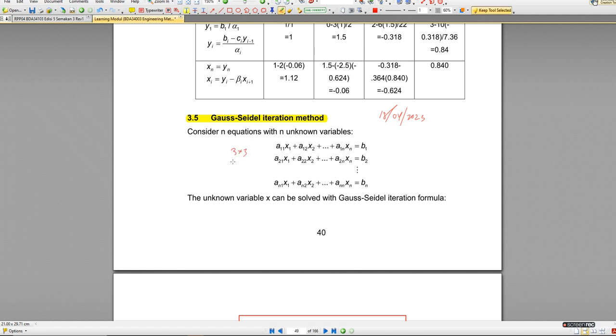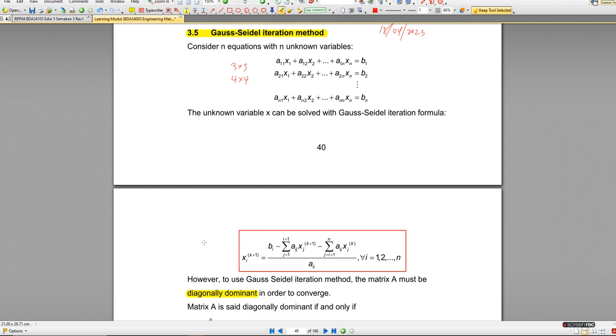In the test or in the final, basically the question is asking you up to a 4 by 4 matrix. There is no 6 by 6 or more than that because it's time consuming. We try to avoid time consuming.